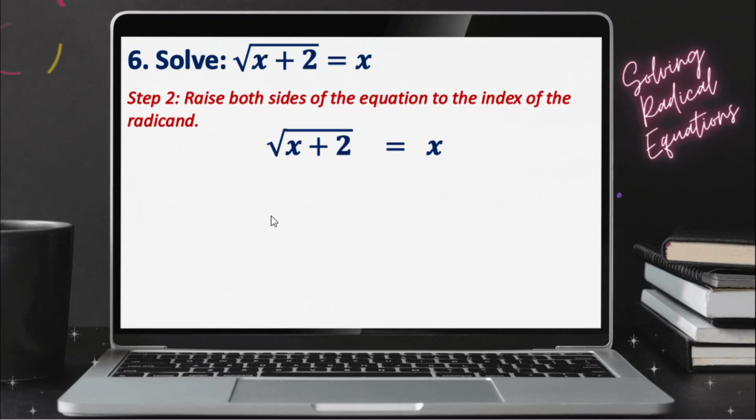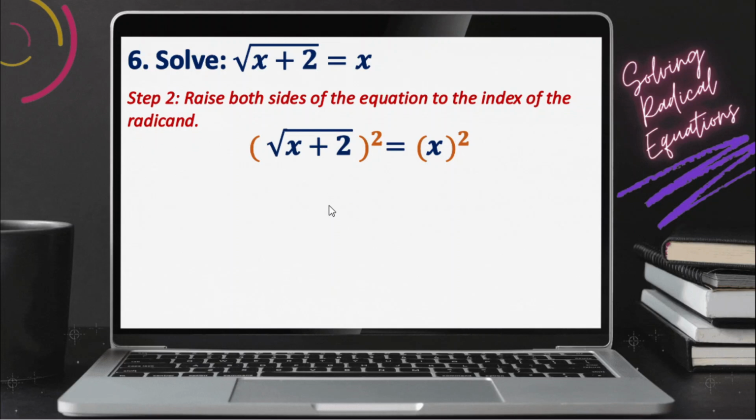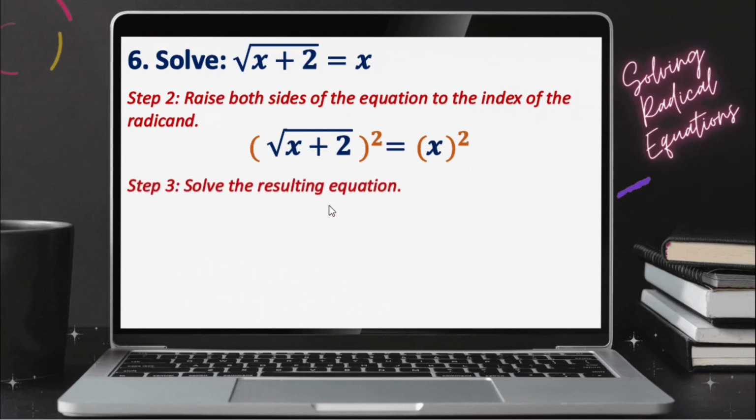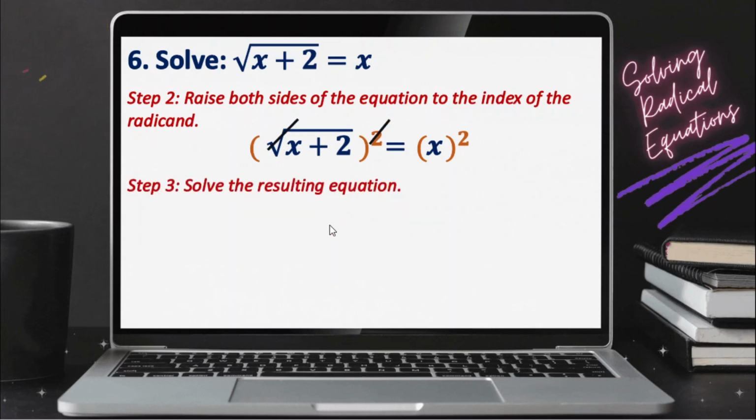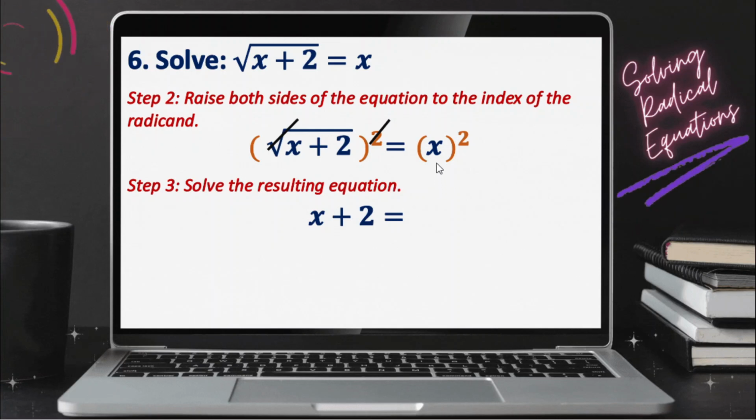Our index is 2 since the radical symbol is a square root. So, therefore, we square both sides by 2. Then, step number 3, we cancel out the radical symbol and the square. So, we have x plus 2 is equal to x squared.